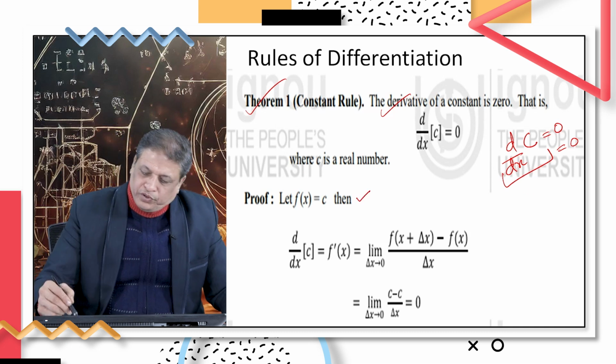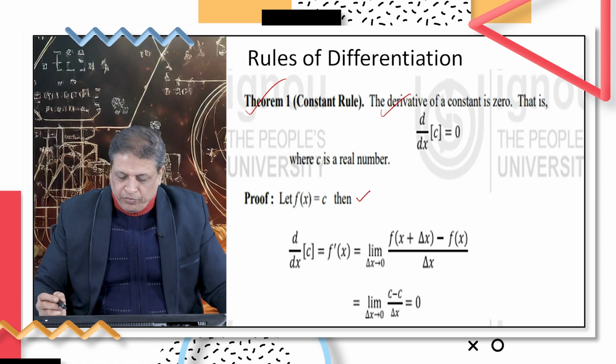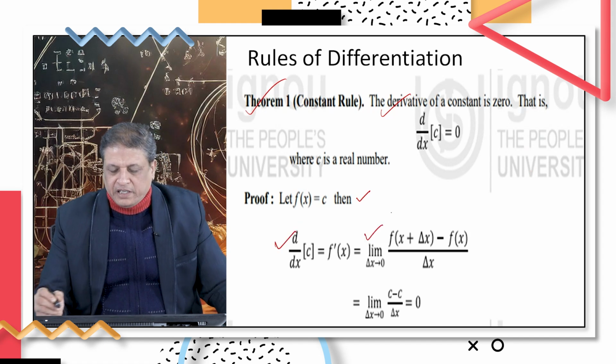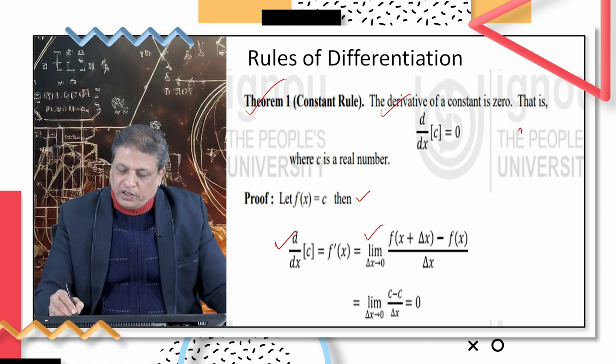In order to prove this, that the differentiation of a constant is equal to 0, again let's apply this definition, that is limit delta x tends to 0 of f(x plus delta x) minus f(x) upon delta x. Now because the function f(x) is nothing but a constant, f(x plus delta x) will also be constant. There is no variation.